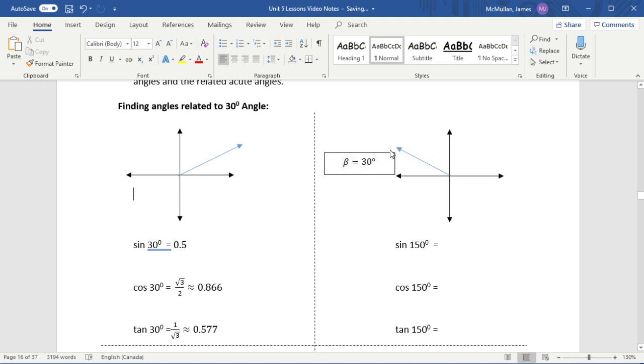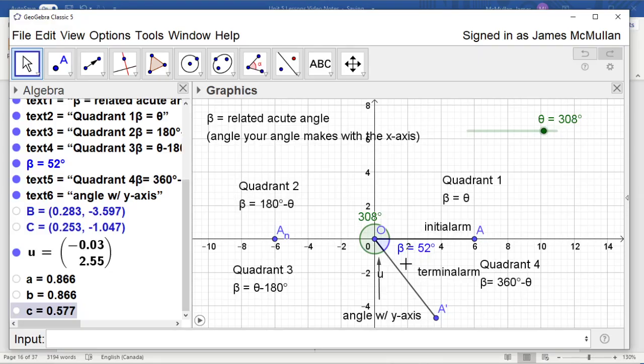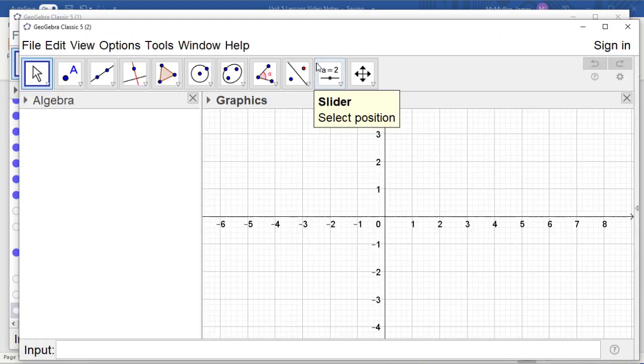And that's why this picture is related to this picture. They both have a beta of 30. This one's in quadrant 2, this one's in quadrant 1. Let's see what this does to what we understand.